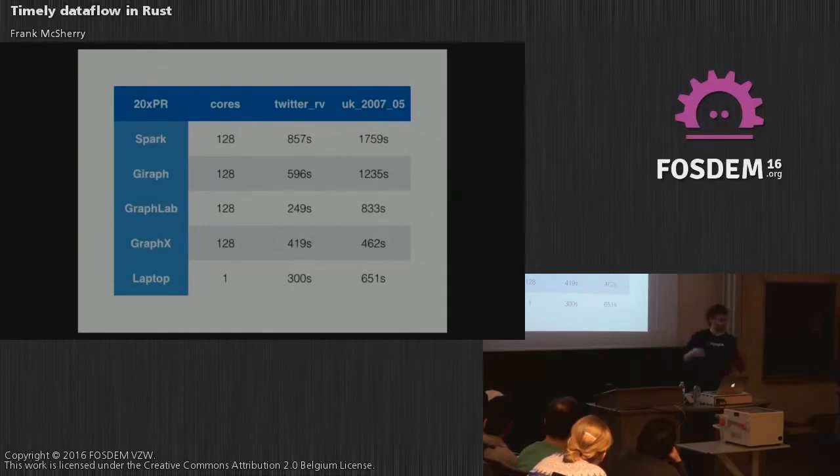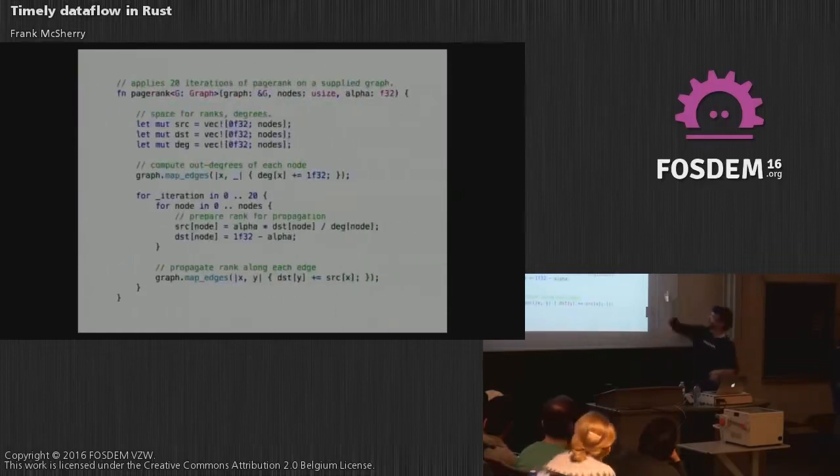You might also say, well, look, we can't all be rocket scientists and write incredibly awesome single-threaded code. So this is the whole program that did that. And this is Rust, by the way. Rust is delightful. We're going to see more Rust as we go on. There's nothing particularly magical about it. So we allocate some memory because we want to play around with some ranks and some degrees of nodes.